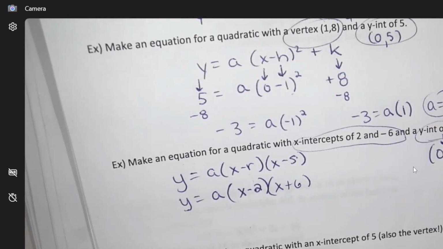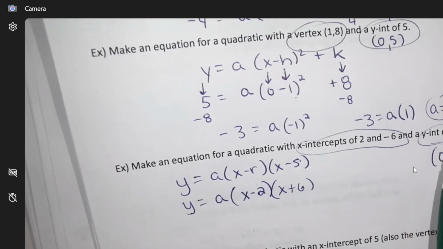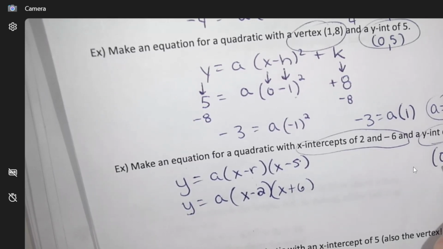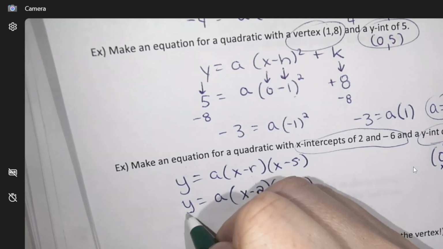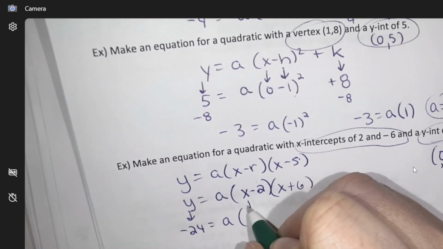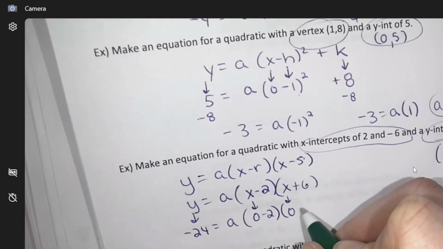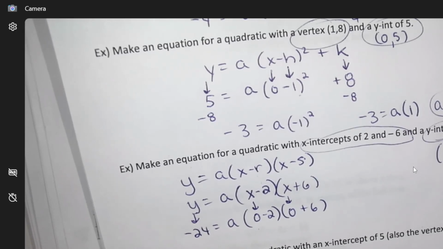Okay, so now here's another thing. We have to plug in this point again. We have to replace, so this is the x and this is the y. We're going to replace a point. So for y, I'm going to put negative 24. And I'm going to be replacing x with 0.